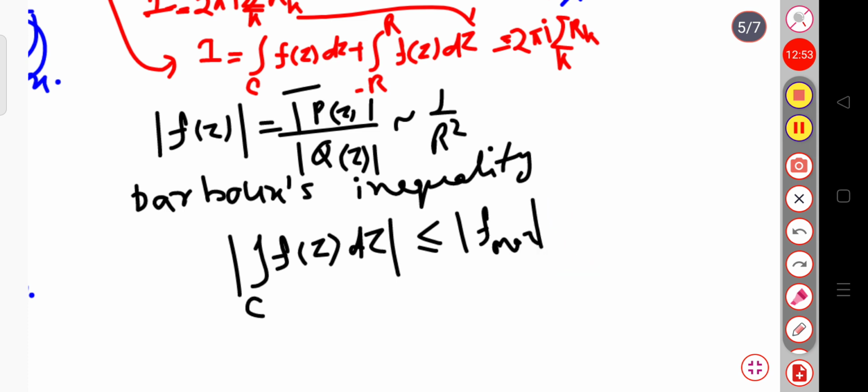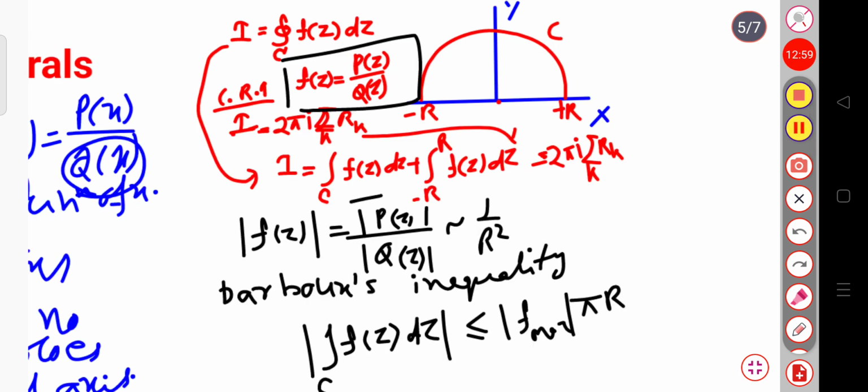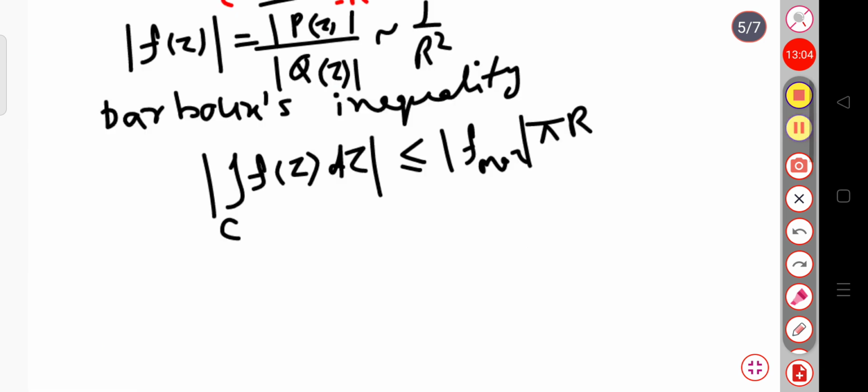Why pi r? Because here we are considering the semicircle. If I put this value 1 by r square here, then 1 by r square into pi r will be nearly equal to 1 by r.